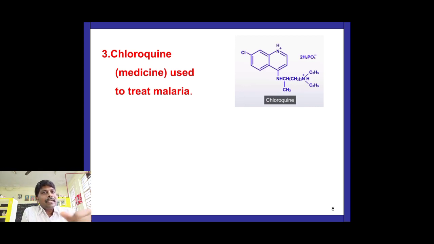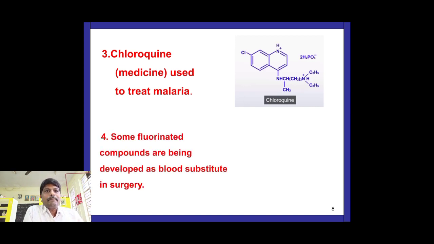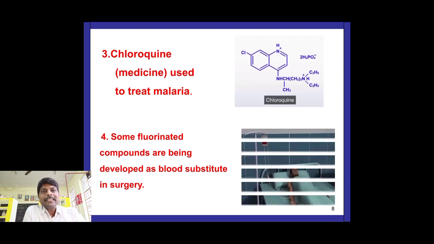That medicine hydroxychloroquine is a derivative of chloroquine. You can see chloroquine contains Cl in an aromatic ring. Next, some fluorinated compounds, where the halo atom is fluorine. Some fluorinated compounds are being developed as blood substitutes in surgery.